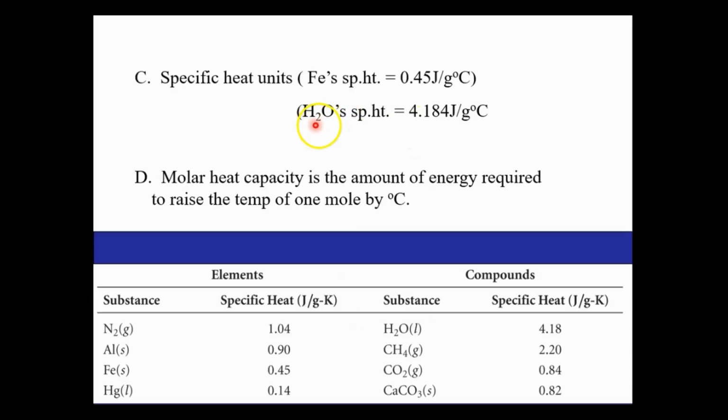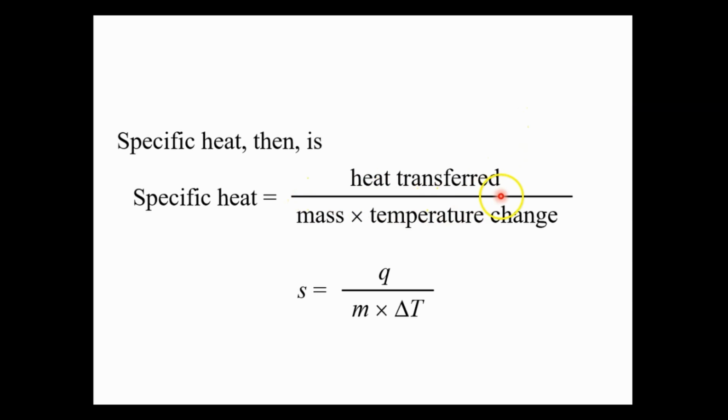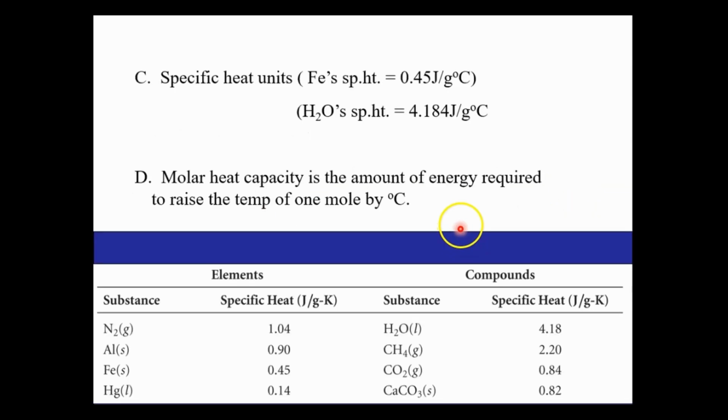So here's the specific heat value for water, 4.184 joules per gram per degree C. And when you go to do a problem, that per degree C and gram, put a big line and make it look like what we call the railroad track method of solving chemistry problems. See right here, there's that big division line, but drawn in such a way students miss it.